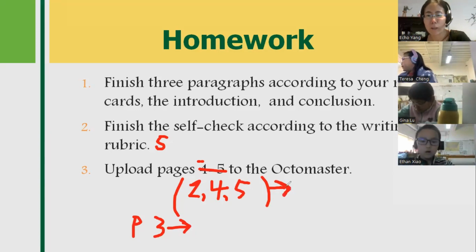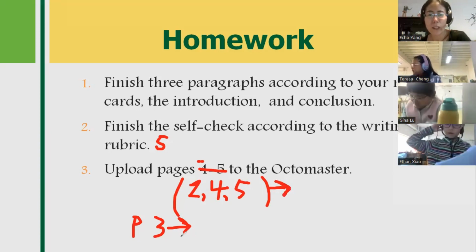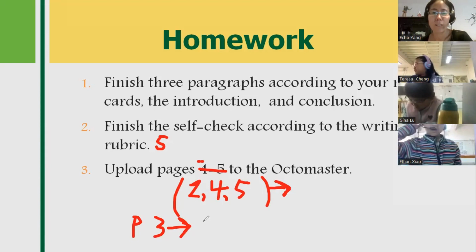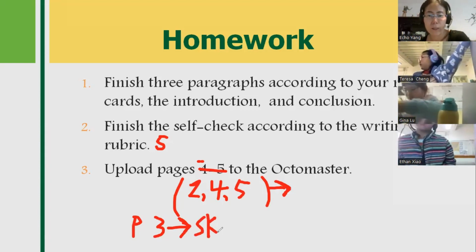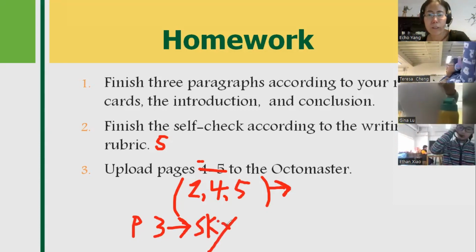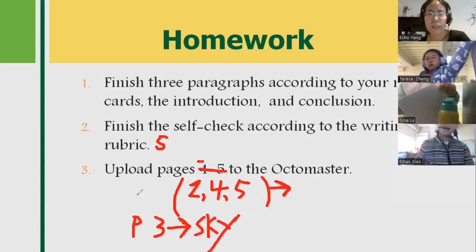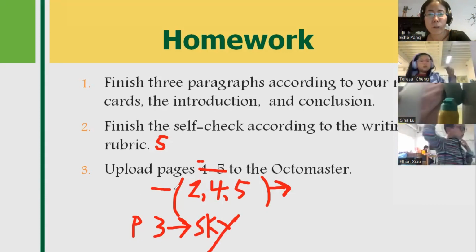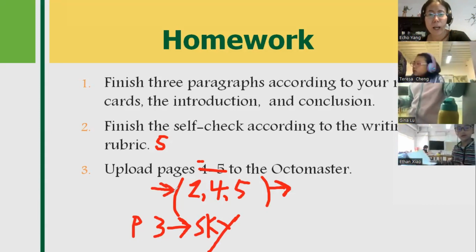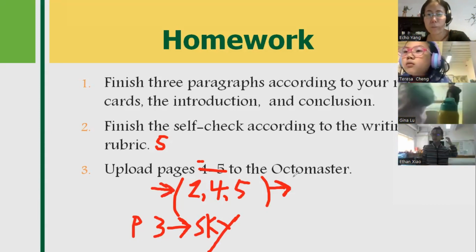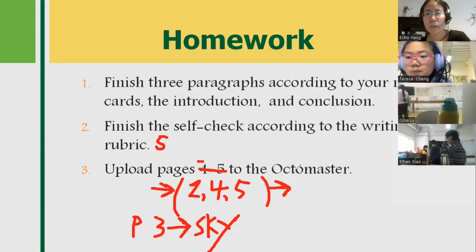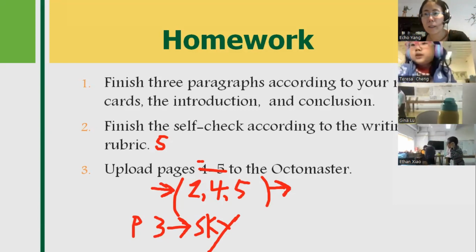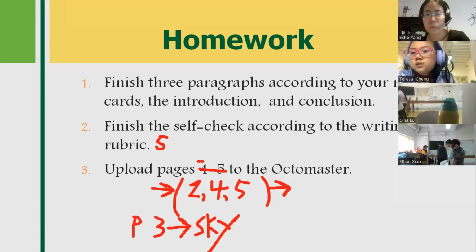Page 3 is a quiz to finish today and then give to Miss Guy. Got it? Please give the page 3 quiz to Miss Guy. And then finish page 2, page 4, and page 5 afterwards. This is the homework. Any questions? All clear? No questions. Okay, excellent.